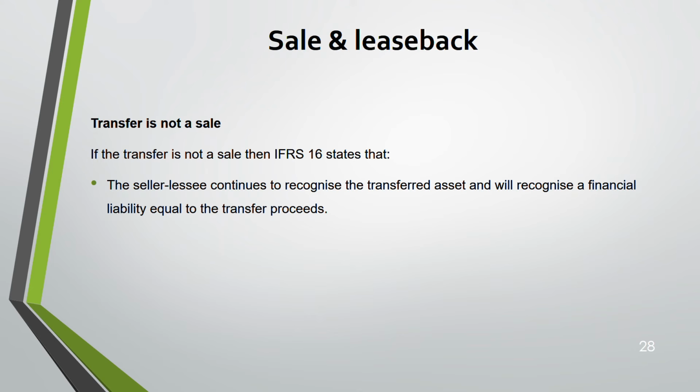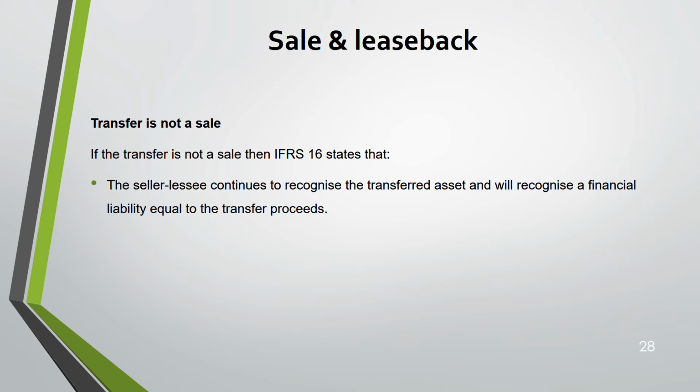Because they have an obligation. Who? The lessee has an obligation to pay the lessor. Okay. Why? See, it was a sale, but according to IFRS 15, it was not a sale. Okay. And a lease back. So because you have leased it back, you, the lessee, the seller, has to pay the lessor, the buyer.